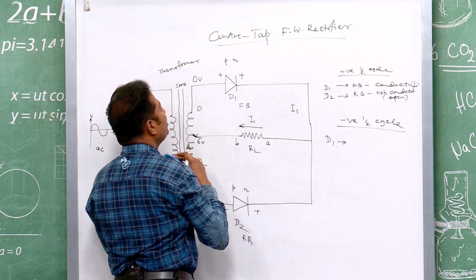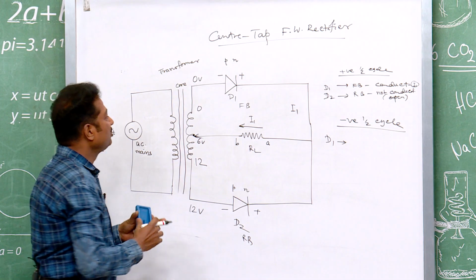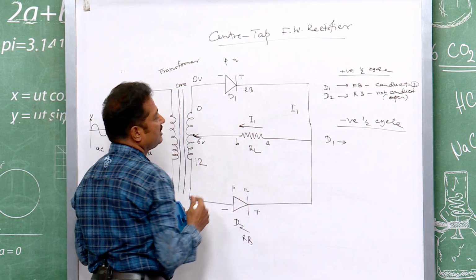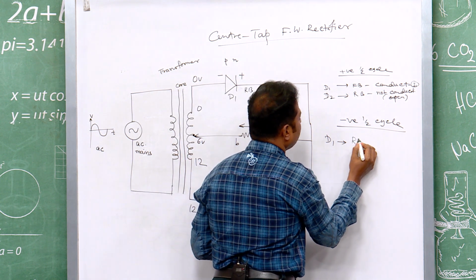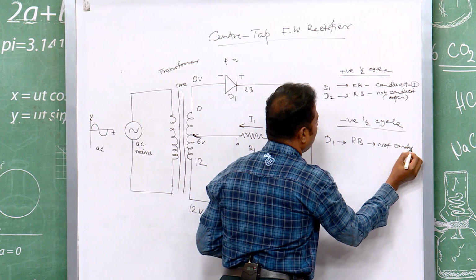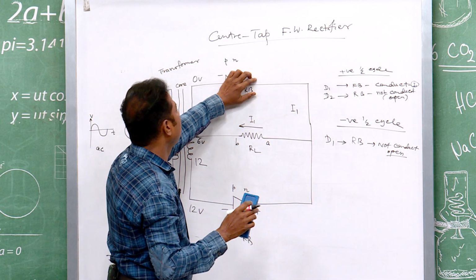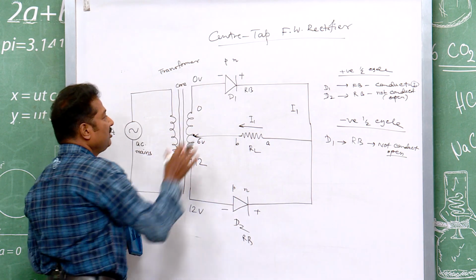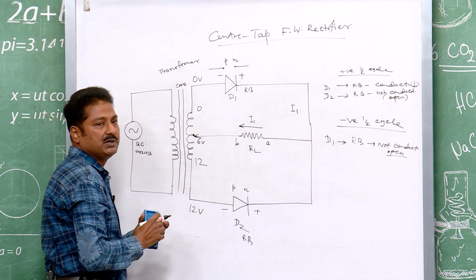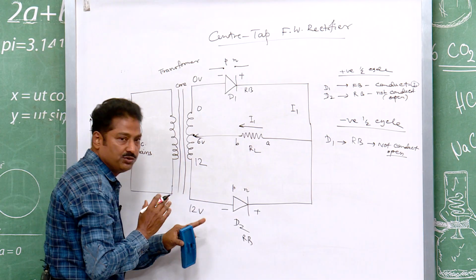That means this one is positive, this one is negative, higher potential, lower potential. So, it is reverse biased. D1 is reverse biased, does not conduct, open. This circuit will be open, means you can neglect this one. You keep it open, just like this. Now, come to D2.